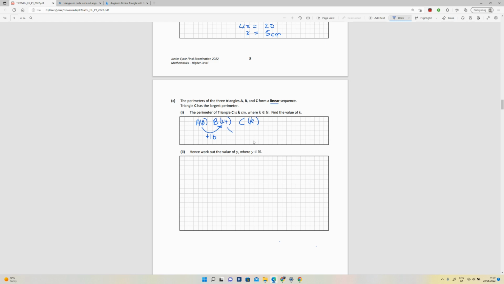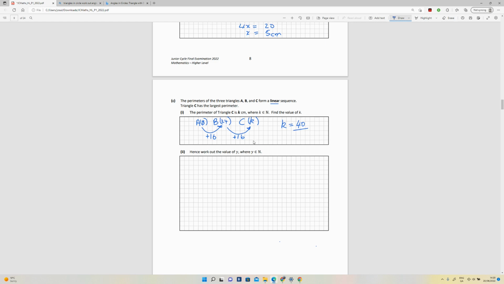So that distance needs to be the same. That also needs to be 16. So what I should be doing then is adding 16 to 24, which will give me 40. So K is going to be equal to 40. Okay, because I'm simply continuing the linear increase of 16 to get 40. So the value of K is 40.